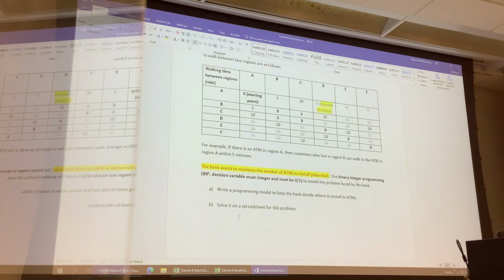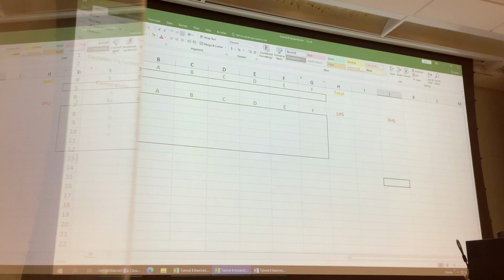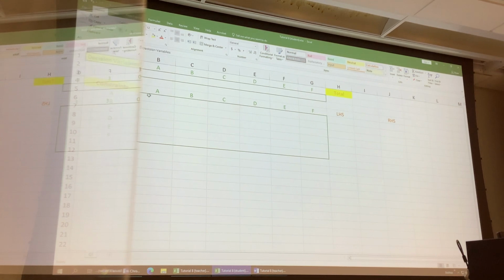Part B, that is solve it on the spreadsheet for this problem. So let's move on to the solver here. Please open the Excel file. Tutorial 8, okay? So we have the three components also.